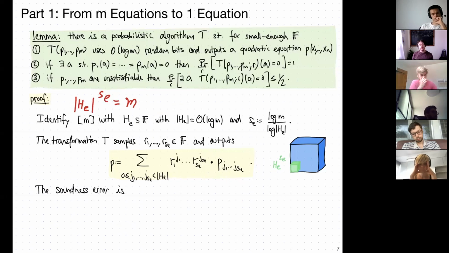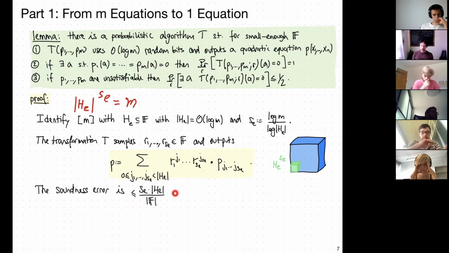And now let's see what the soundness error is in such a case. Obviously, if the equation is being satisfied, then any combination of these equations would trivially be satisfied. And the soundness error would be this quantity. This comes from the Schwartz-Zippel lemma, which I think you saw in the other lecture, and if not, you'll see it soon.